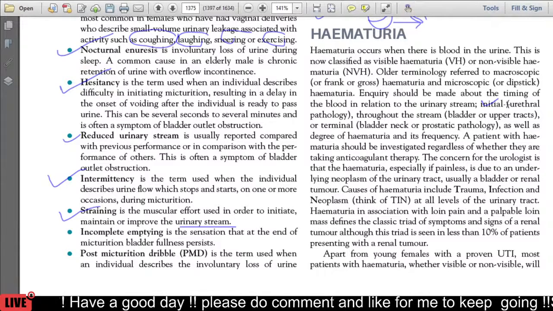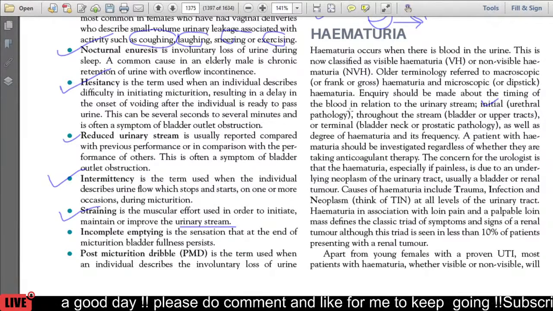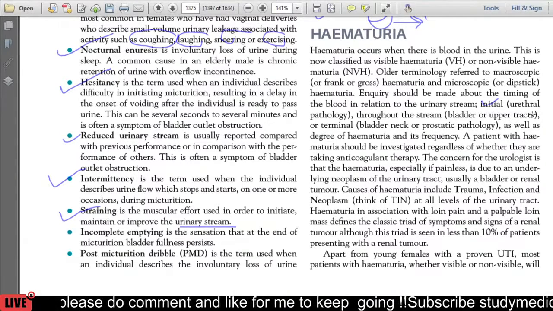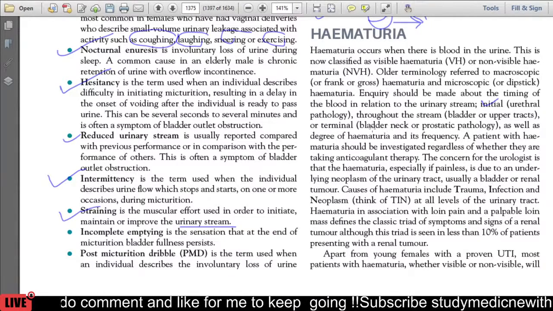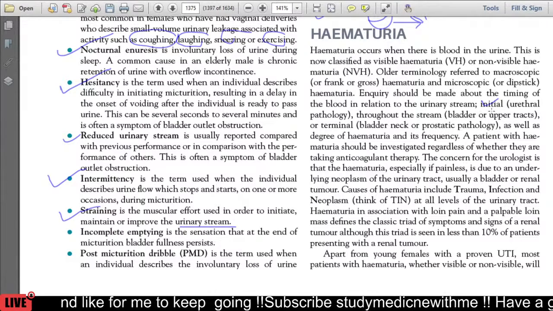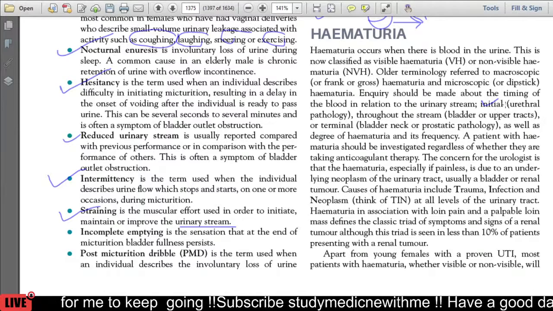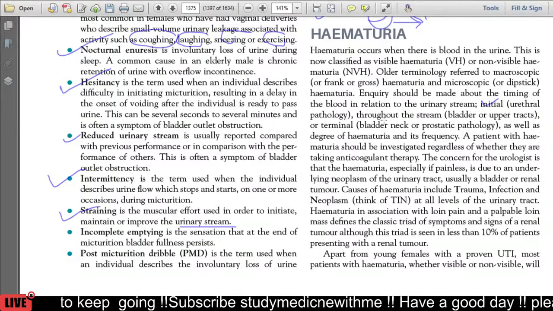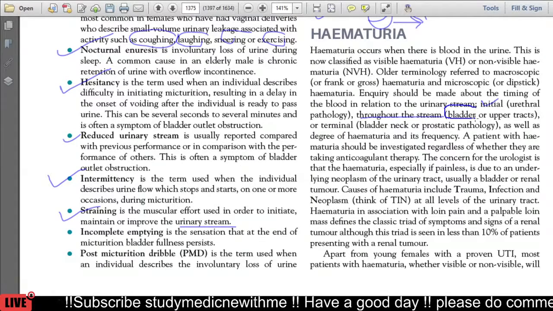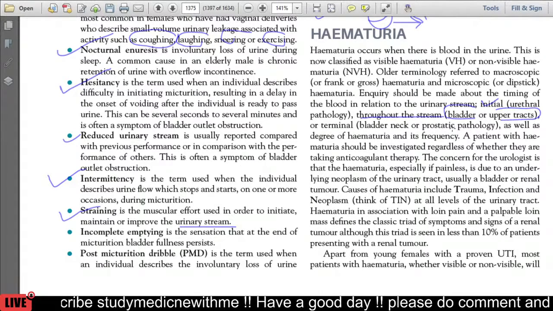Inquiry should be made about the timing of blood in relation to the urine stream. Initial blood is most commonly seen in urethral pathology. Throughout the stream is most commonly seen in bladder or upper tract pathology.